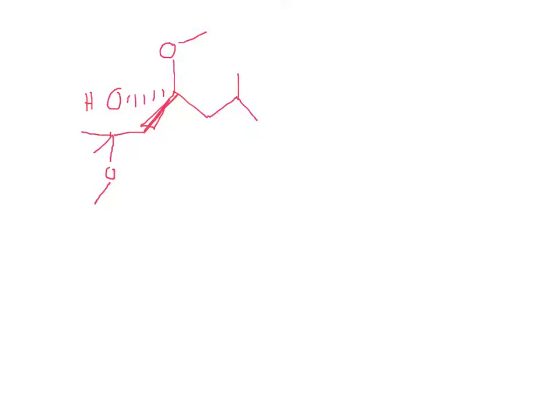There we go, 4 different groups on there. Is that like the carbon coming out? Is that another carbon? Oh, sorry. Let me fill that in a little bit. Yeah, it's just one.